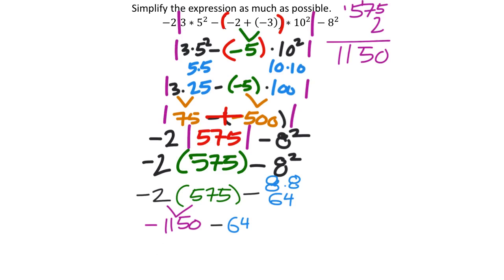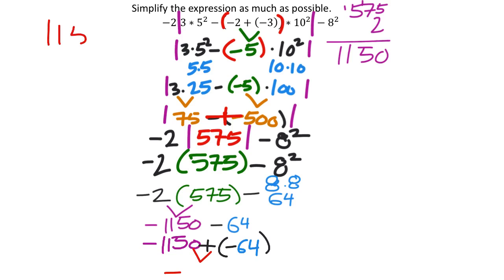Now, just like I said in the previous unit, I would not write this as subtraction. I would write it as addition. Not that you have to, but I would change this into add a -64. Okay, so I know I'm taking a negative and adding another negative, which is going to make my answer negative.